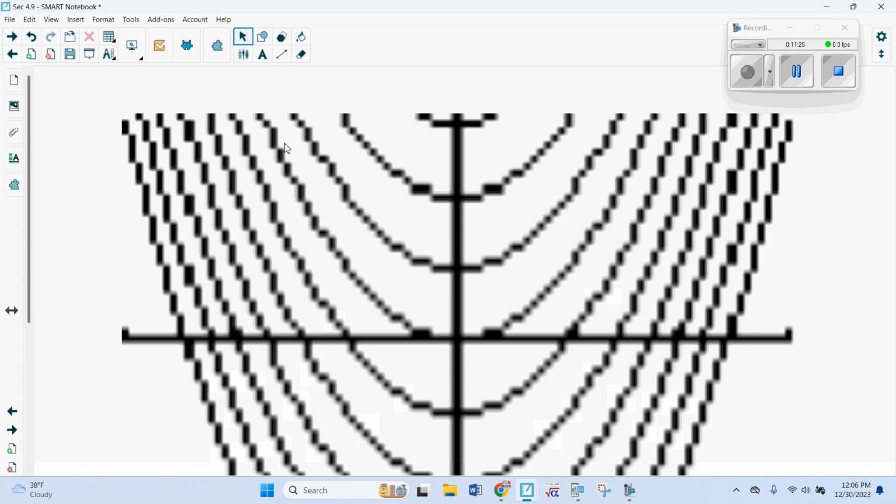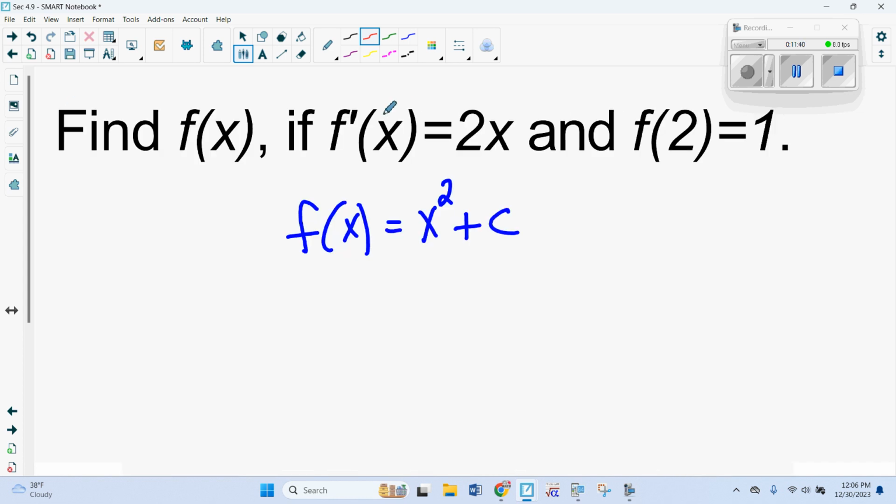I only have the integer values. I do not have the other values, there'd be an infinite number of these. And you can see here is 1, here is 2. And this tells us that this goes through the point 2, 1.